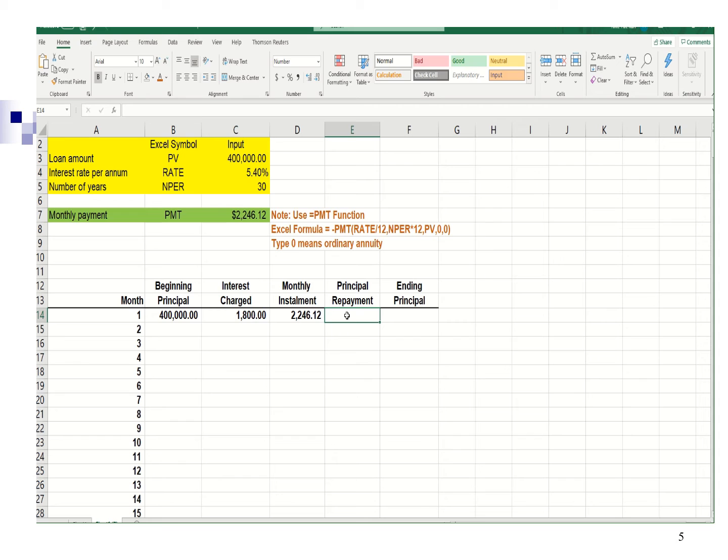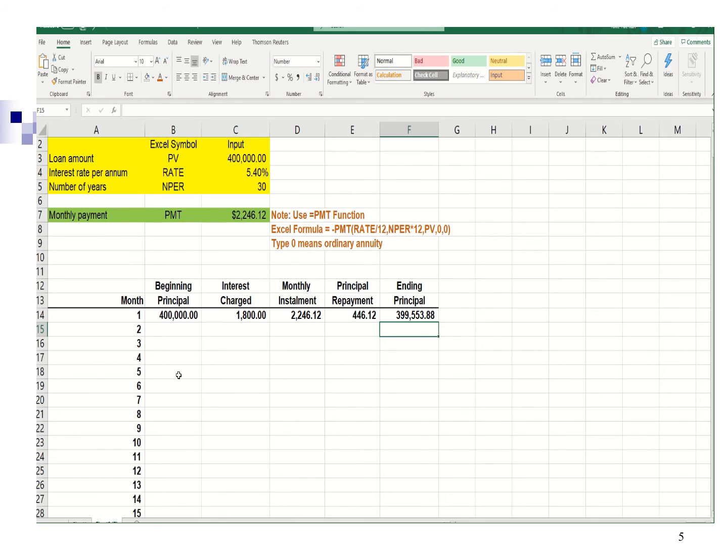Principal repayment is equal to my monthly installment minus the interest charge. All right, so this is the principal repayment. My ending principal is equal to beginning principal minus principal repayment. Later, I shall write down the formula for you.